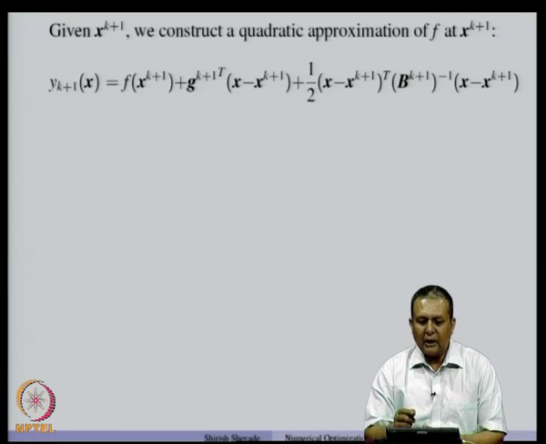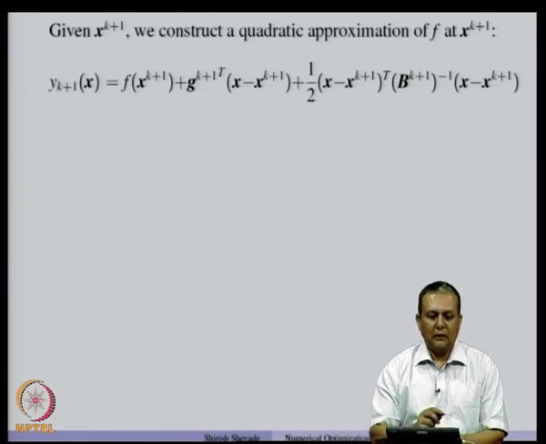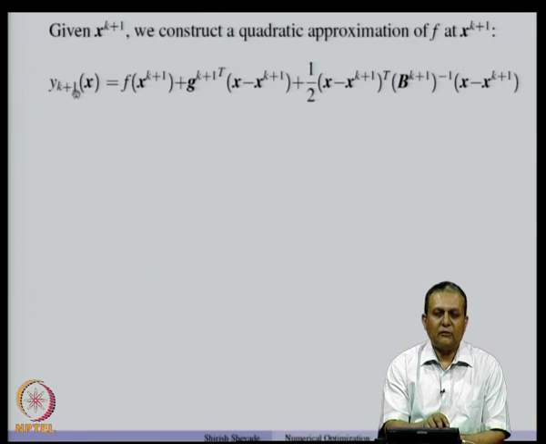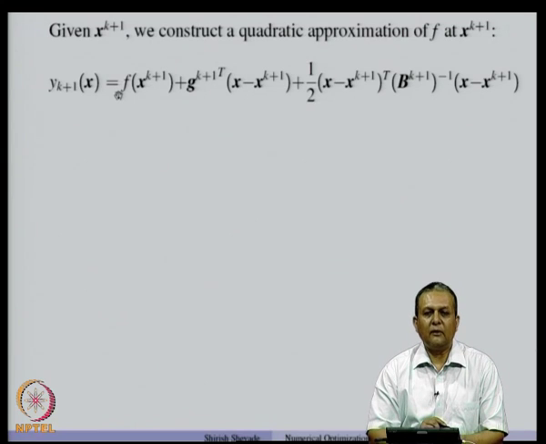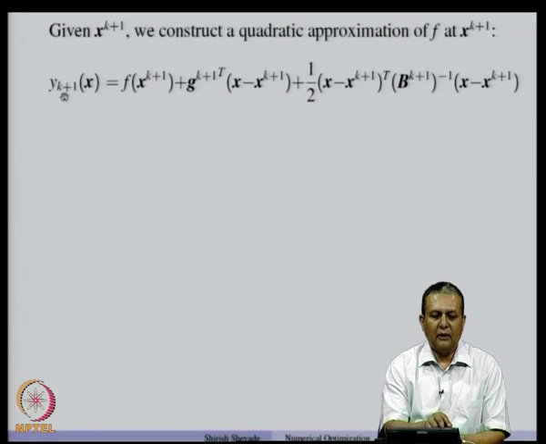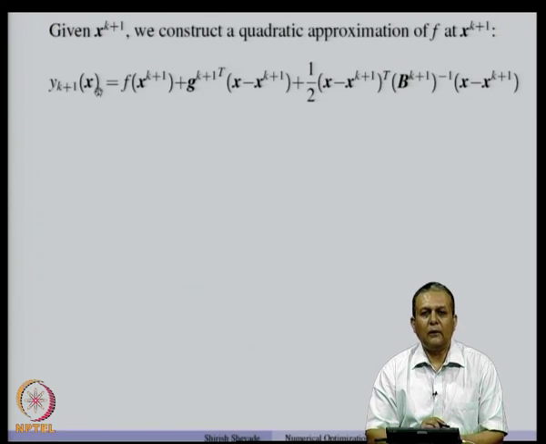Now, for this quadratic approximation to be good, what we want is that the gradient of this function at xk plus 1 should be the gradient of the function f at xk plus 1, and the gradient of this function at xk should be equal to the gradient of the function at xk.